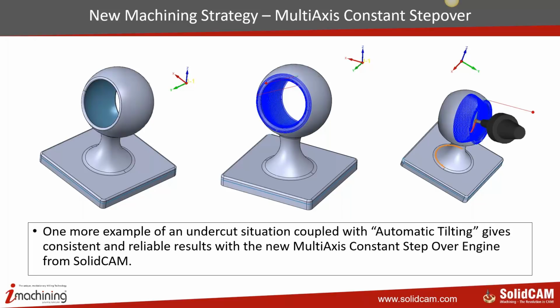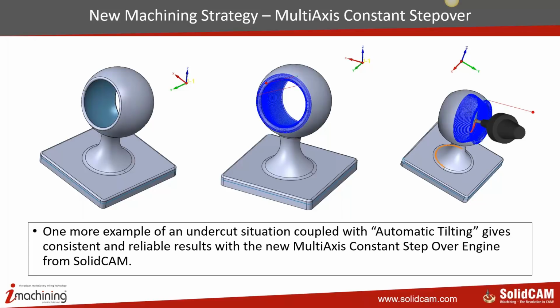Now, when I come to the subject of tilting, I'm not sure if many of you have started using the automatic tilting option. Automatic tilting has matured a lot in the last year, and today it is highly reliable. Even in a very tight situation, it works very nicely. For example, in most of the parts that I'm going to show you today, I've used auto tilting.